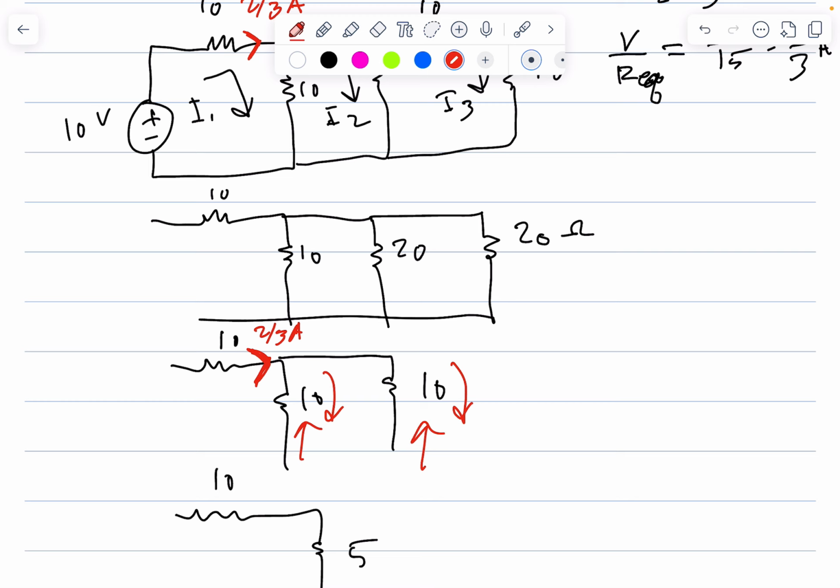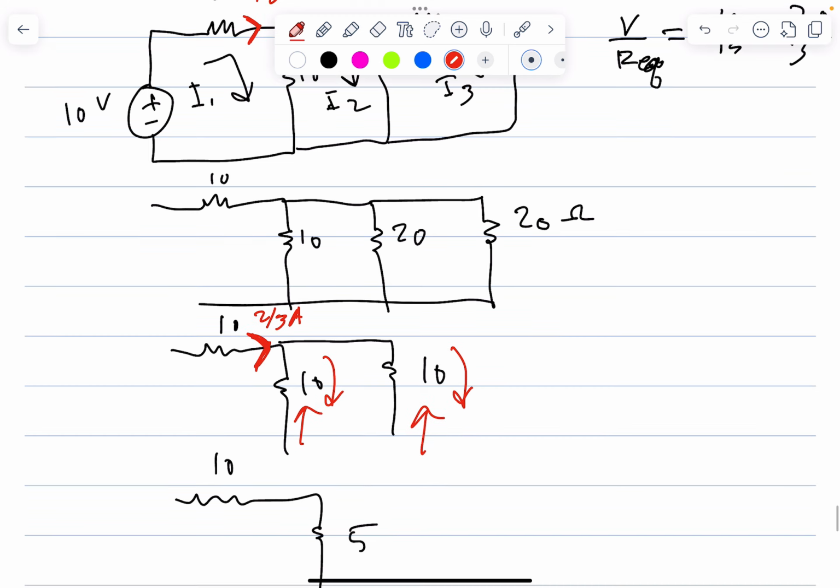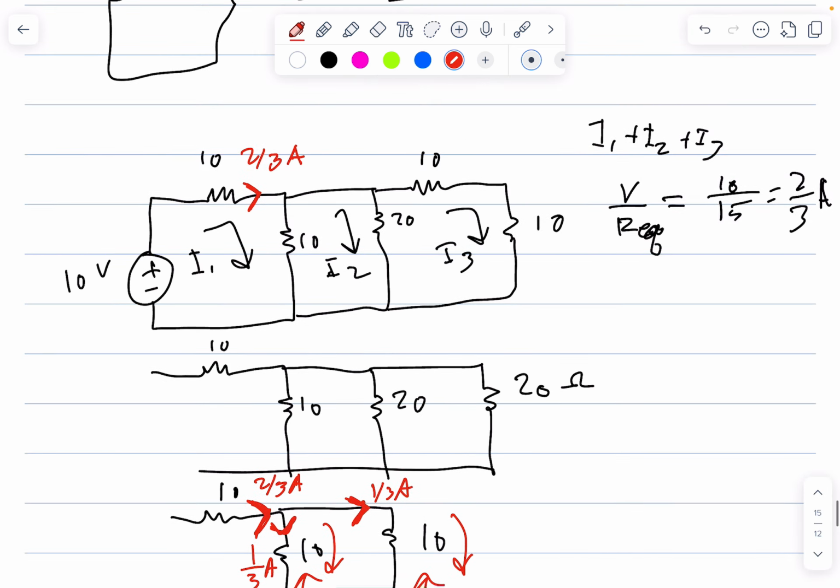This 10 ohms is an equivalent resistance, right? But as far as I'm concerned, half the current goes this way, the other half goes this way. So I'm going to get 1/3 of an amp here and 1/3 of an amp here. All right? So now I know that I1, the current going through this 10 ohm resistor, is 1/3 of an amp.